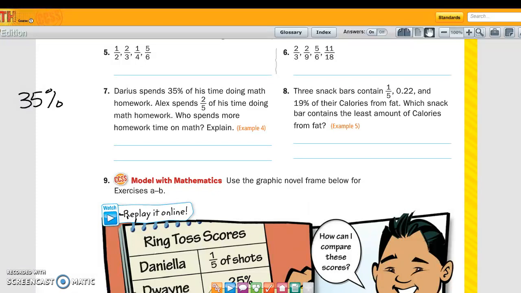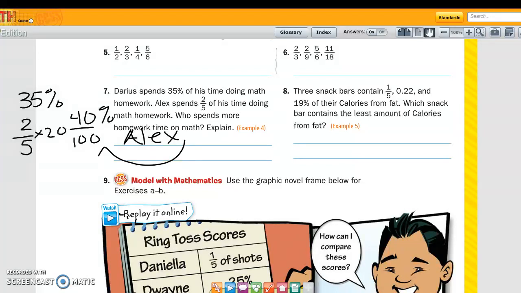Now that's important, of his time doing math homework. Alex spends 2/5. Who spends more time? So I am going to change them both to percents because I know that 5 times 20 is 100 and percents are out of 100. So Alex spends 40% of his time. So Alex, and then our explanation is our work because that's math.